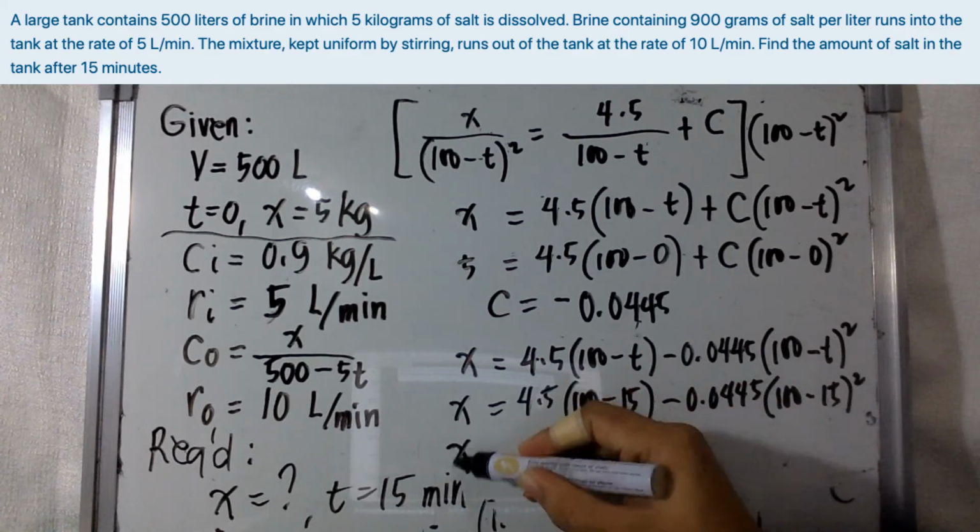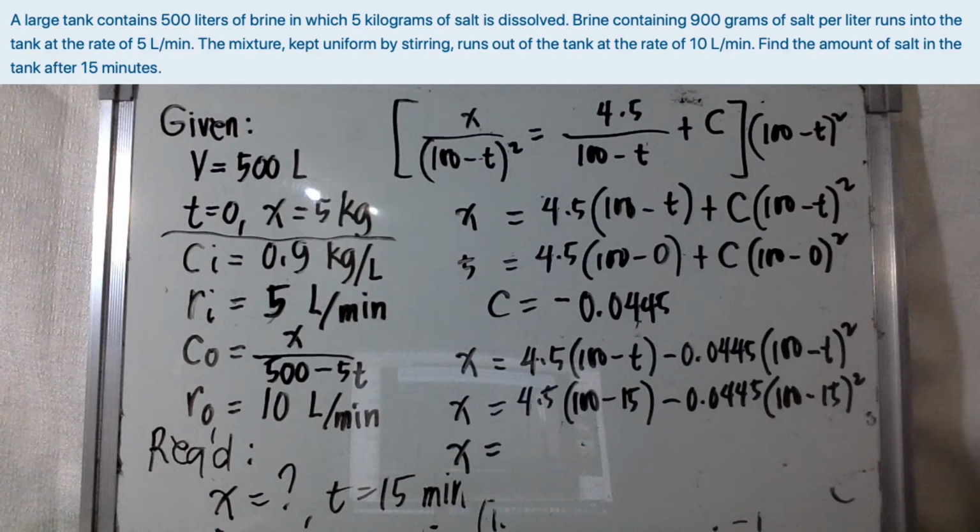So we have x equal to, let's use our calculator. 100 minus 15, times 4.5.